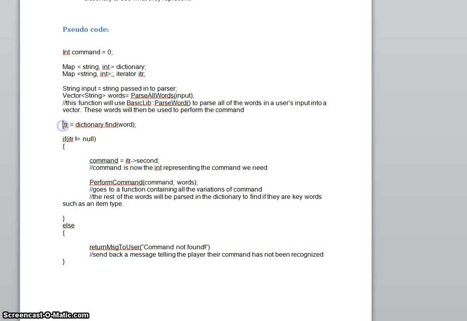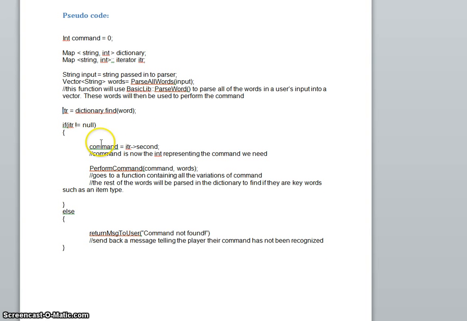Then the iterator will go to dictionary.find word, which will give you the iterator pointing to that word. If iterator is not null, then we'll use command iter second, which will bring up the value, which in the example was 1, so it'll bring you 1.